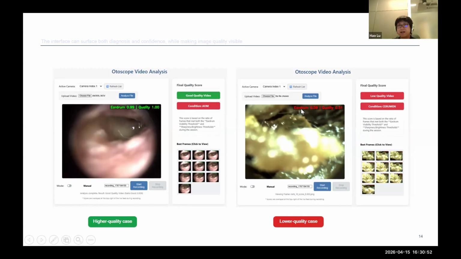And if you cannot collect a high quality video, we will say, I'm sorry, the current video is a low quality video. We cannot do a very good diagnosis. And this is a cerumen case, where the eardrum is fully occluded by the cerumen.